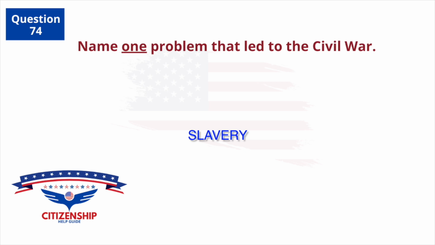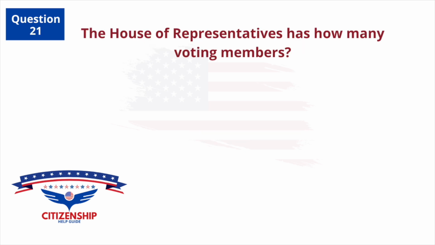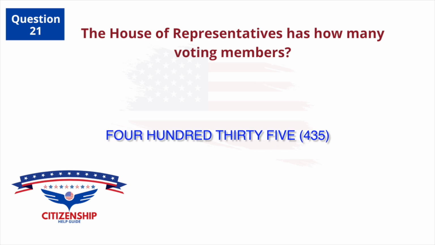Slavery. The House of Representatives has how many voting members? 435.